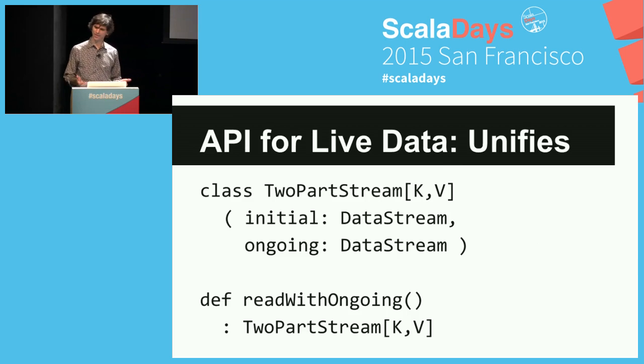And the API for that: in the first part of the talk, we talked about how the API for coming off the disk was going to be one of these data streams. And the API for doing stuff that's triggered off data that comes later is going to be one of these data streams too. So that leads us to an API that looks something like this. This is our read API. You say, I want this chunk of data. And if I want the ongoing data too, I can get both of those at once.